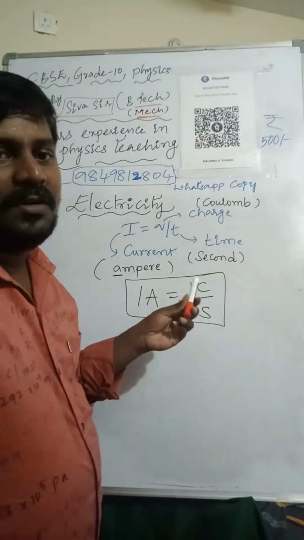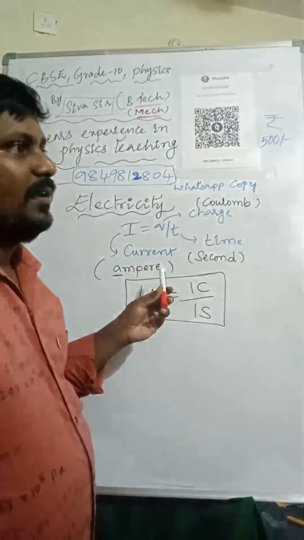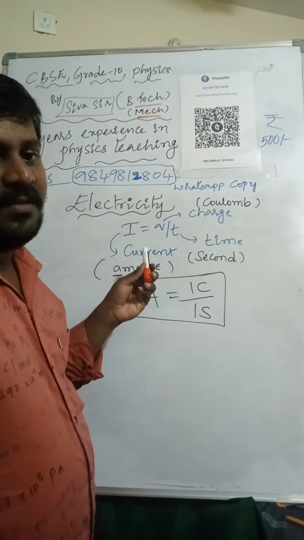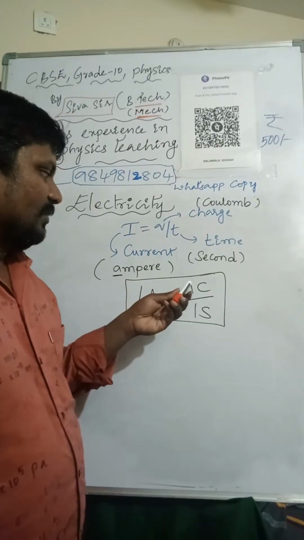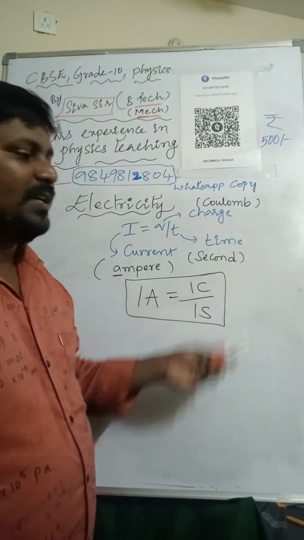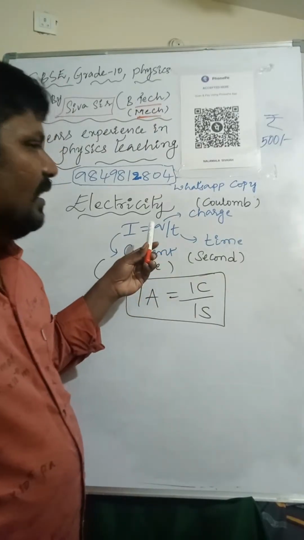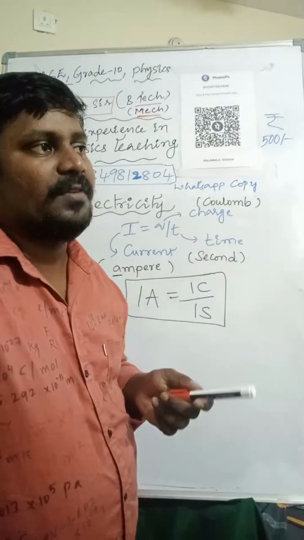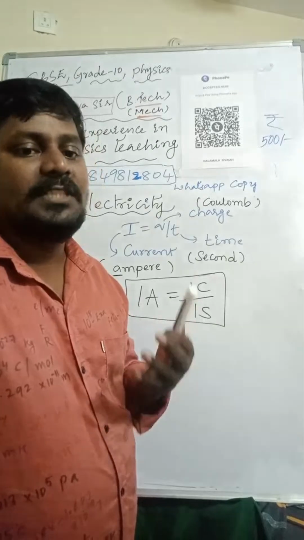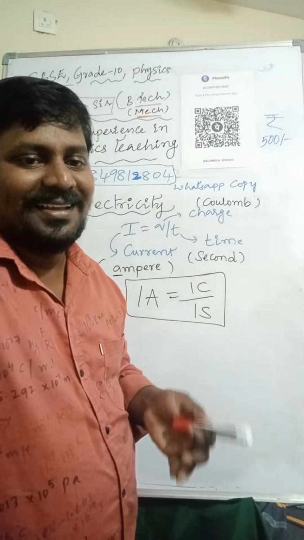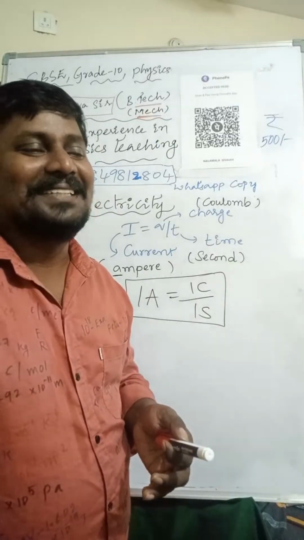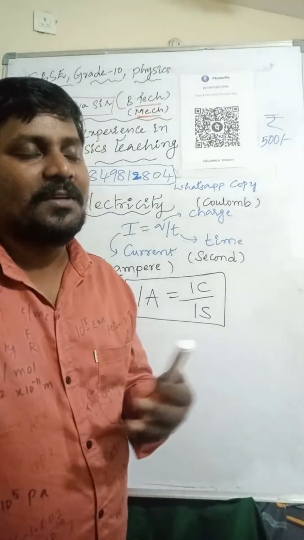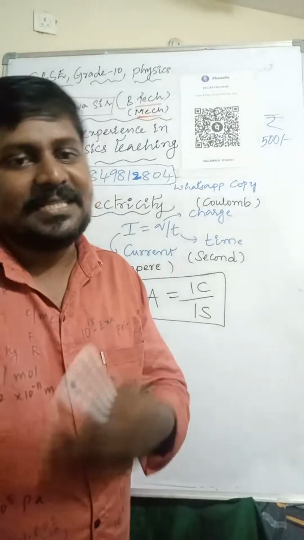If they ask for a definition, define the SI unit of electric current. You can define it as the rate of 1 coulomb of charge flowing through 1 second. 1 ampere of current is defined as 1 coulomb of charge flowing through a unit cross-section area per second.